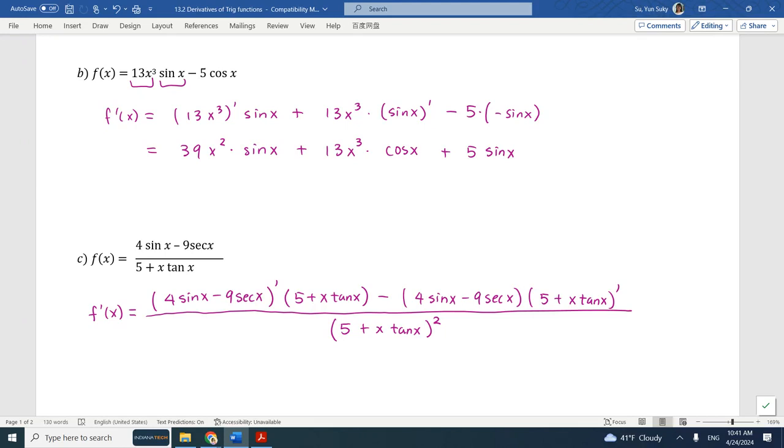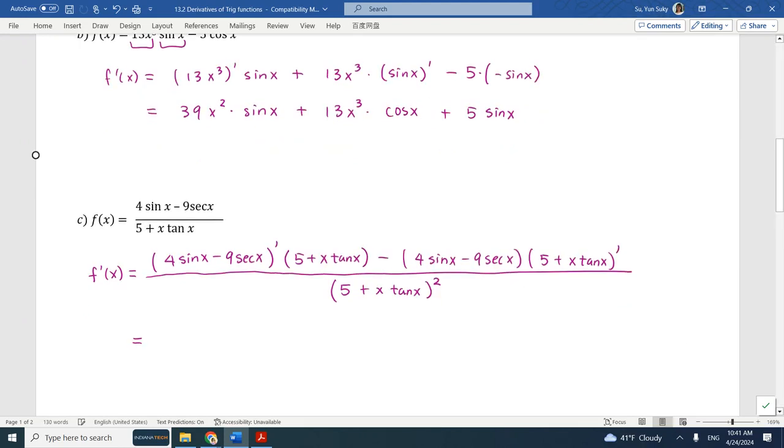And now, okay, which factor has the prime? We have to differentiate it. See? What's the derivative of 4 sine x? 4 cosine. Yes, 4 cosine x. And what's the derivative of 9 secant x?